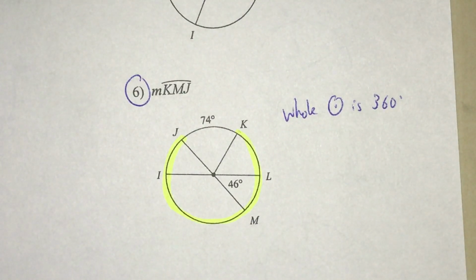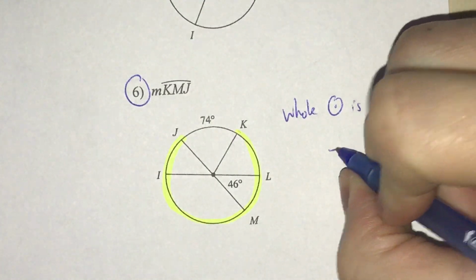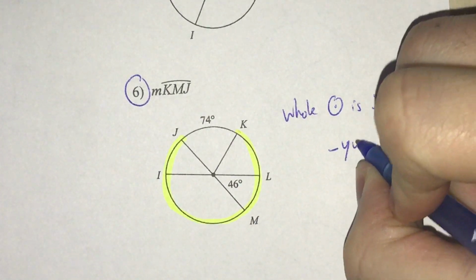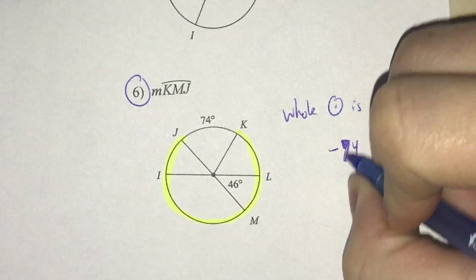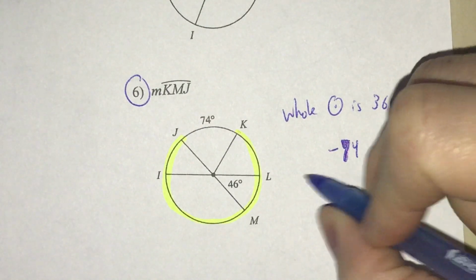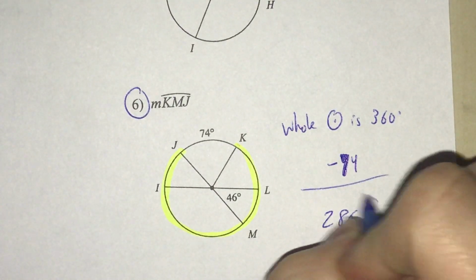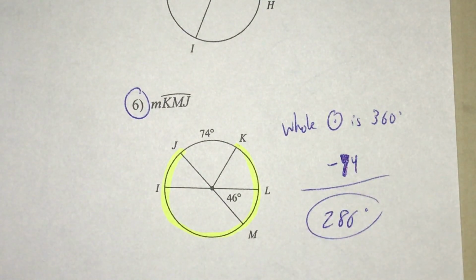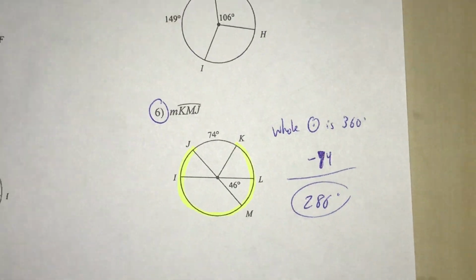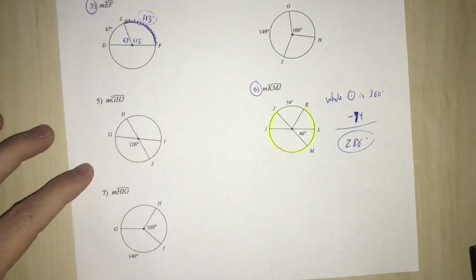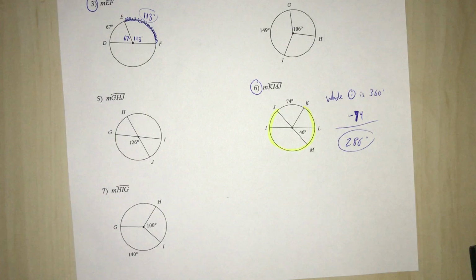So the whole thing is 360, and I gave you 74, so 360 minus 74, that is the ugliest 74 I've ever seen, is going to be 286 degrees. That is the whole entire arc that we're looking for. All right, gorgeous. If I zoom back out, anything else we could do here?